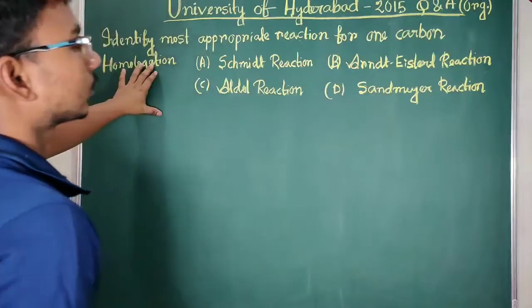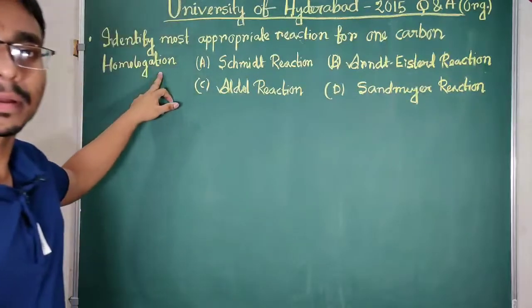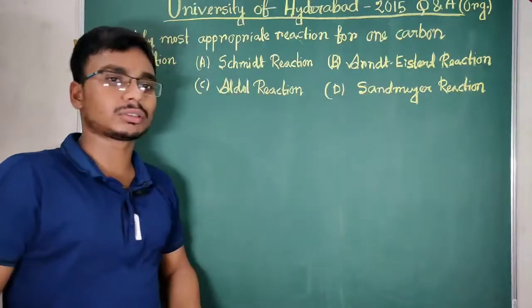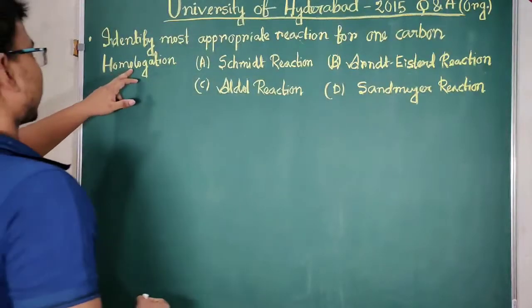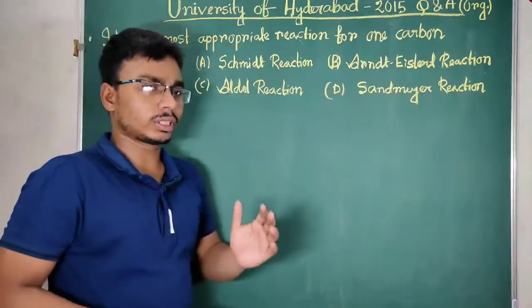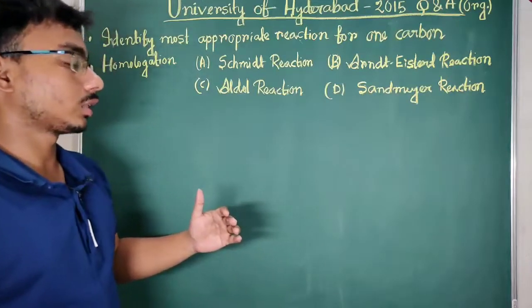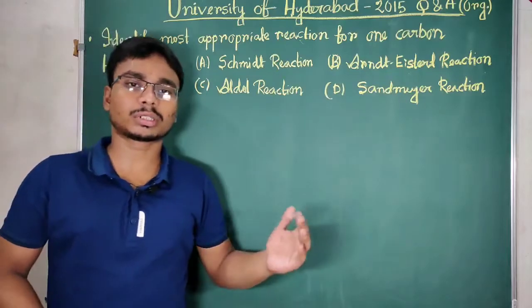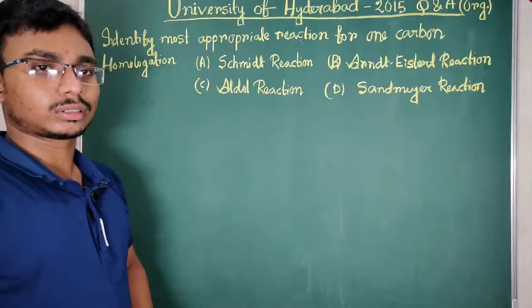At first you have to know the meaning of homologation. Homologation means that when we do a reaction in the lab using a hydrocarbon, if you get 1 carbon extra in the product or 1 carbon less in the product, it's called homologation or degradation.